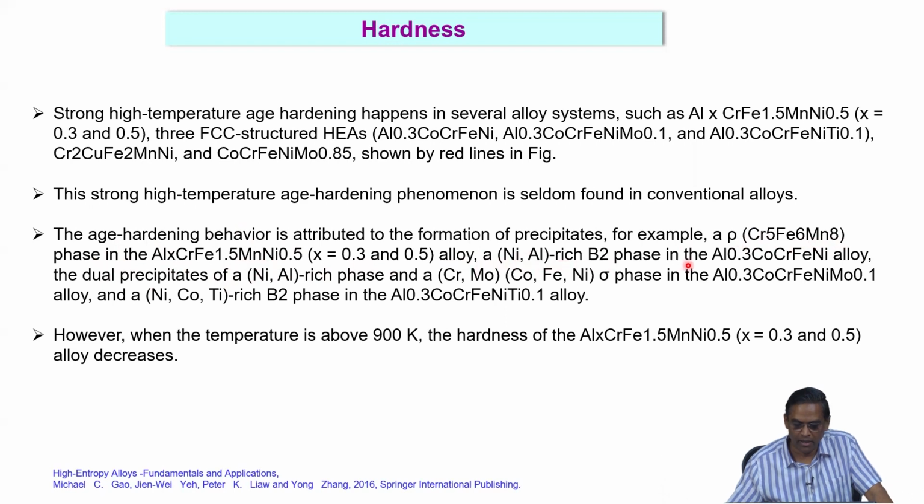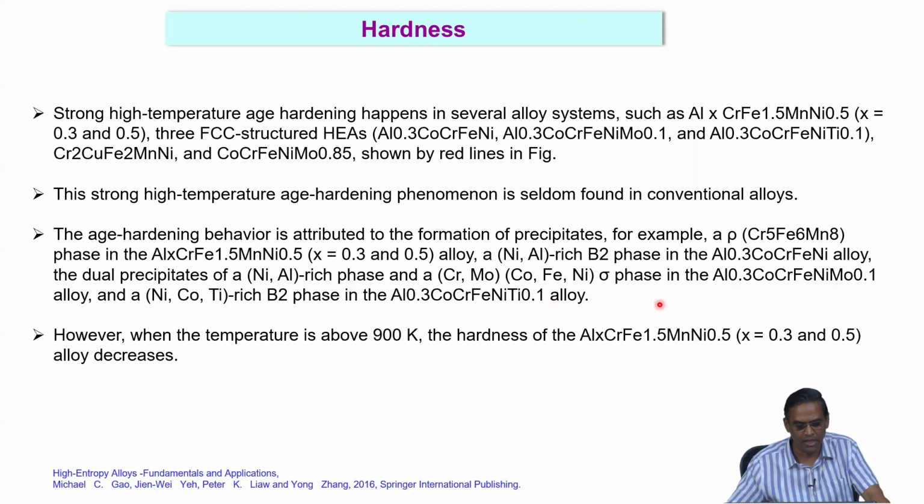And then you have a nickel aluminum rich B2 phase. If you change to the aluminum, cobalt, chromium, iron alloy, there are dual precipitates of a nickel rich phase and a chromium, molybdenum, cobalt, iron, nickel sigma phase in the aluminum, cobalt, chromium, iron, nickel, moly alloy, and a nickel, chromium, titanium rich B2 phase in this particular alloy.